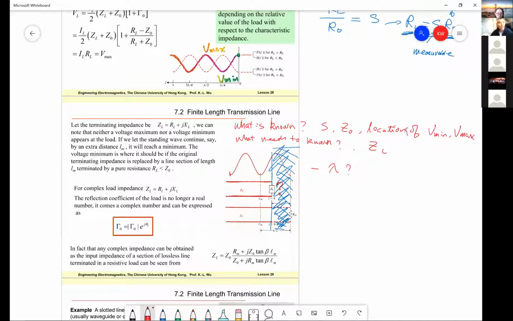I can find the locations. So I find this is a minimum, and this is also a minimum. Between them, this is a half wavelength, right? So therefore, from here, I know the wavelength.